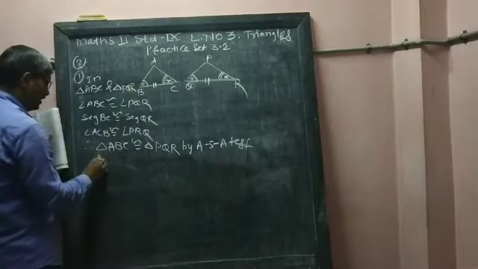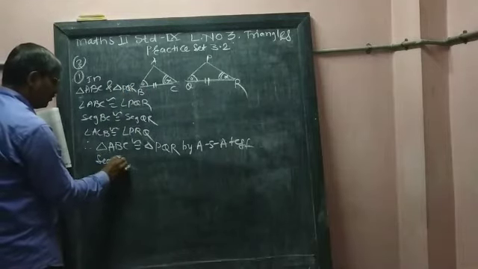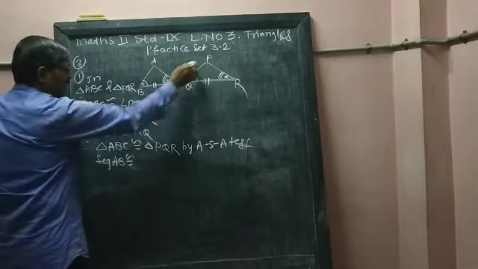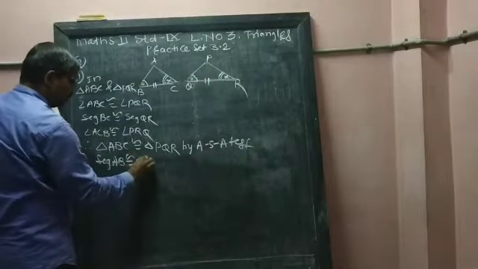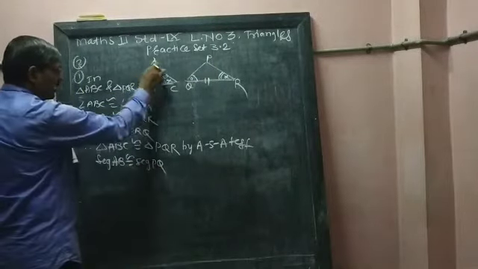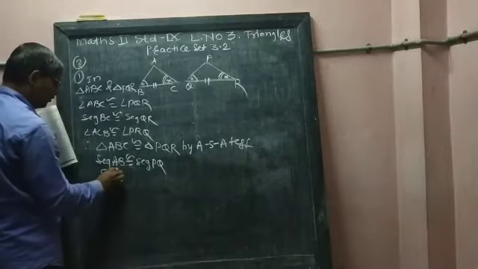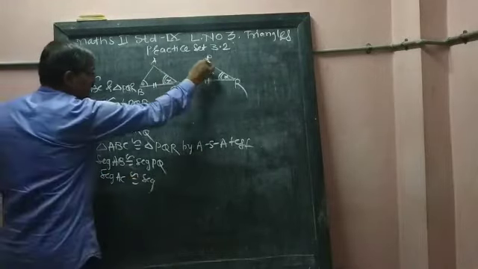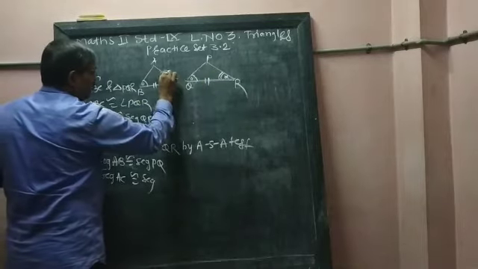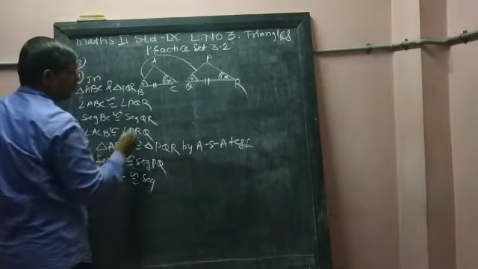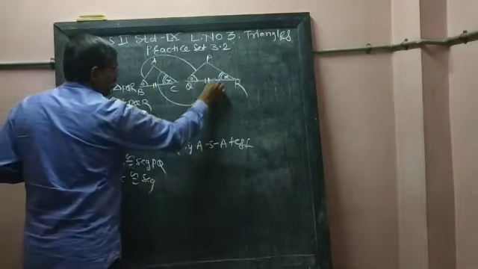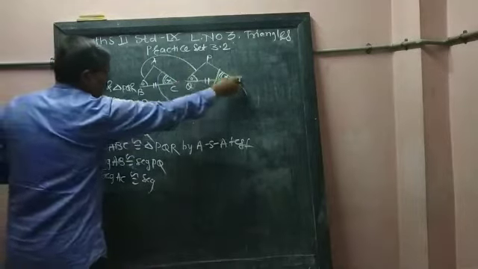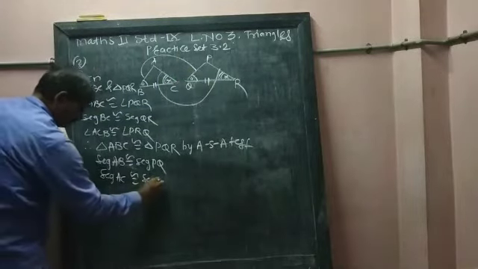Seg AB is congruent to seg PQ, and seg AC is congruent to seg PR.